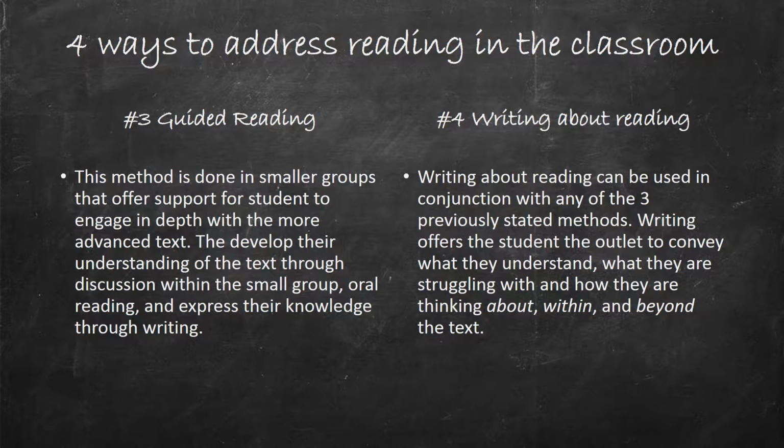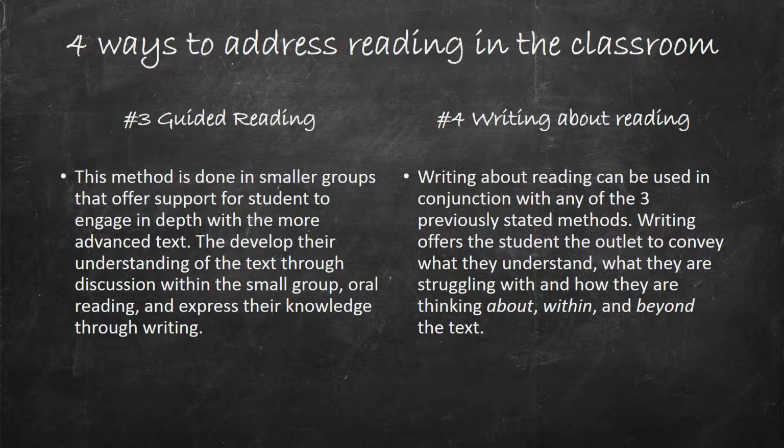The third way of reading is guided reading. This method is done in smaller groups that offer support for students to engage in depth with more advanced text, to develop their understanding of the text through discussion within the small group, oral reading, and expressing their knowledge through writing. And then the fourth way is writing about the text.